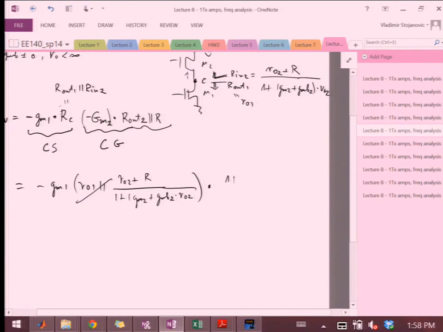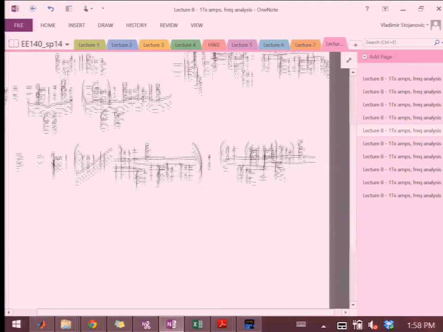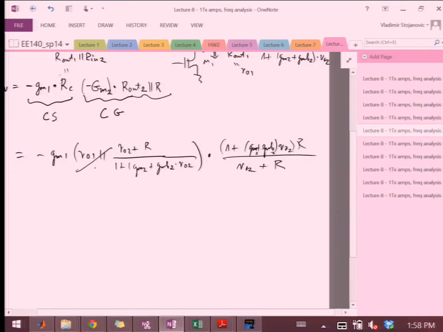So I'll have 1 plus GM plus GMB R naught times R over, and we're going to do these are 2's, R02 plus R. Now, notice that because I've neglected this piece, this is actually pretty nice.